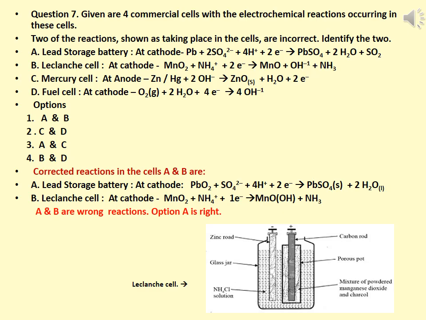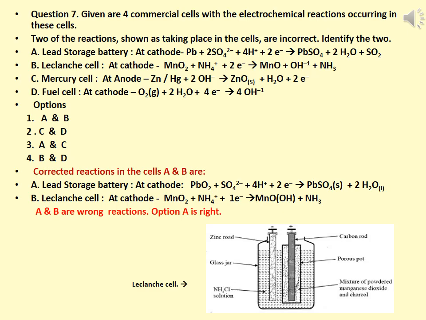B. Leclanche's cell. It is also called as dry cell. At cathode, MnO2 plus NH4 plus 2 electrons give MnO plus OH minus plus NH3. C. Mercury cell. At anode, Zn bar Hg, which is zinc amalgam, plus 2 OH minus gives ZnO plus H2O plus 2 electrons.